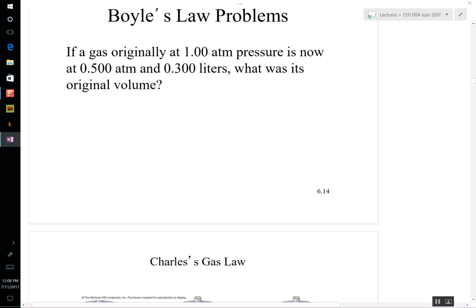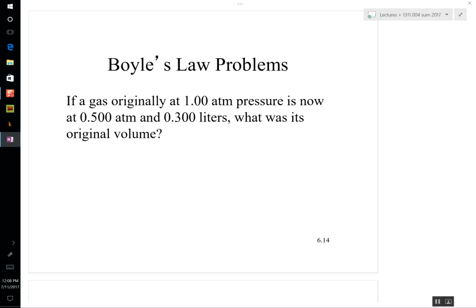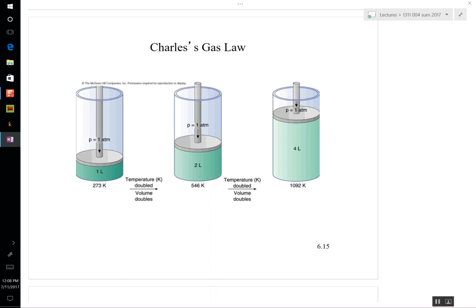Just keep in mind there's other problems in here, slides with problems on them. Well, Boyle's is the easiest one. So let's do Charles' law, and then I'll find a Charles' law problem, and we'll have a break and come back and make sure we got the right answer.